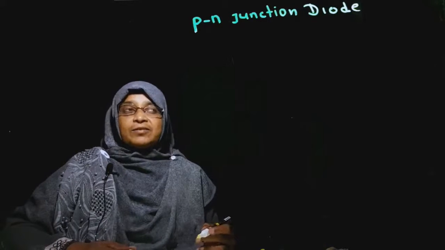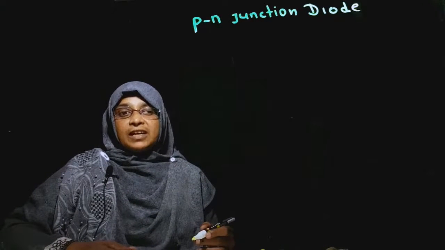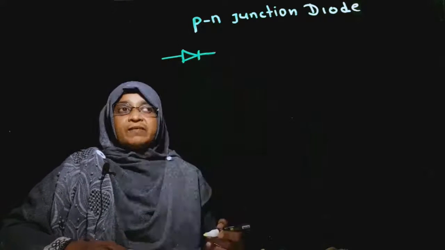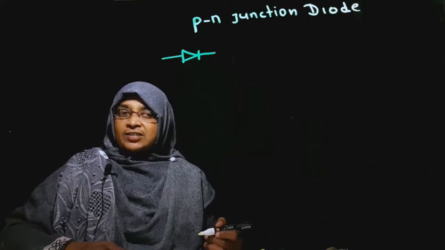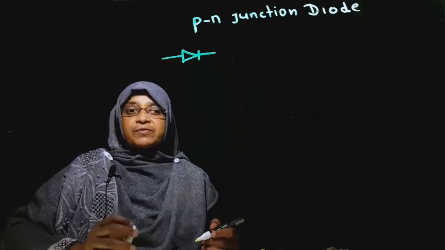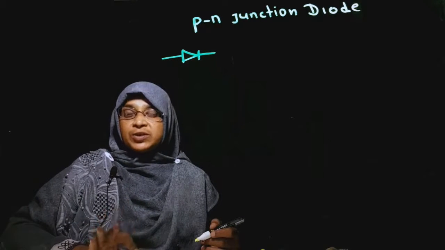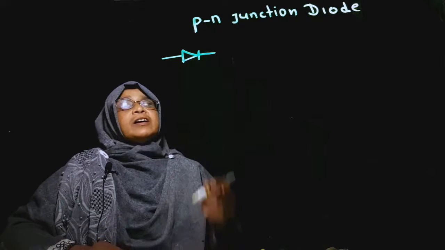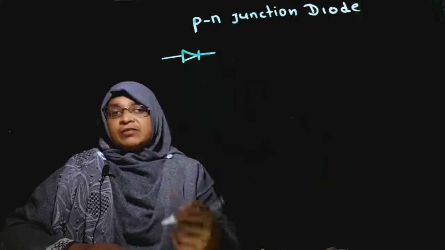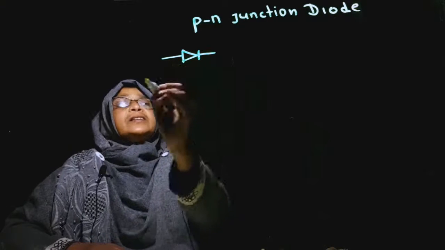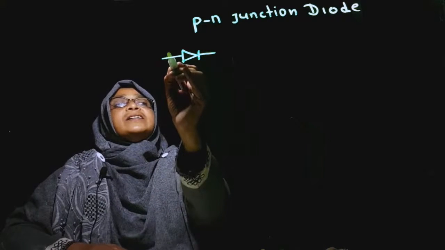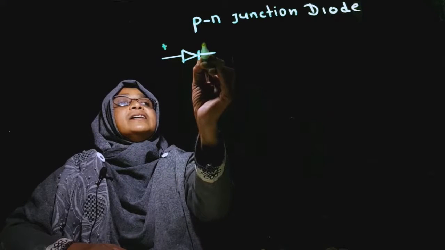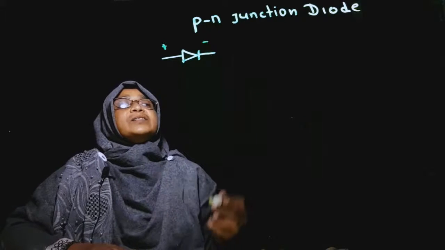This diode can be shown in the symbol like this. We know in the PN junction, current flows from the positive terminal to the negative terminal. So, in this PN junction diode, the P side is the positive terminal and the N side the negative terminal.